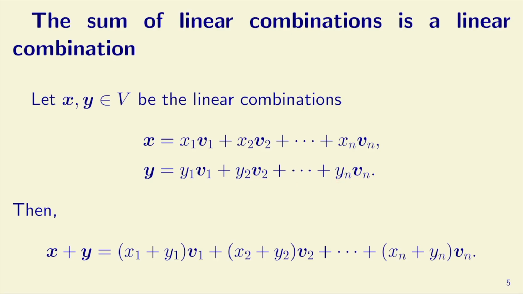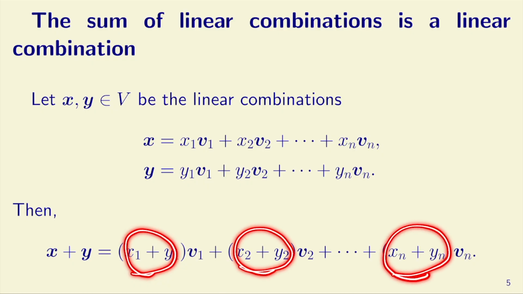How would their sum x plus y look? Based on the notes, x plus y is (x1 plus y1) times v1 plus (x2 plus y2) times v2 plus and so on plus (xn plus yn) times vn. This is still a linear combination because xi plus yi are just new scalars from the field F.